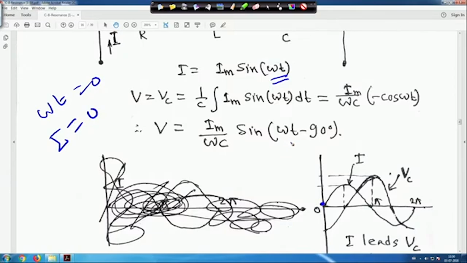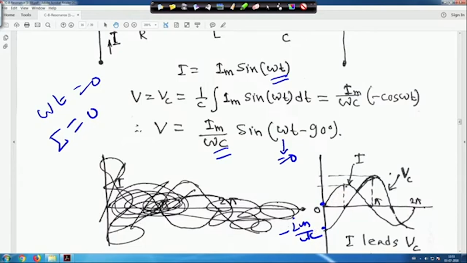When omega t is equal to 0, V is equal to I m by omega C sin of minus 90 degree. Sin of minus 90 is minus 1, so V, the voltage across the capacitor, is minus I m by omega C, and that is why this point is minus I m by omega C.